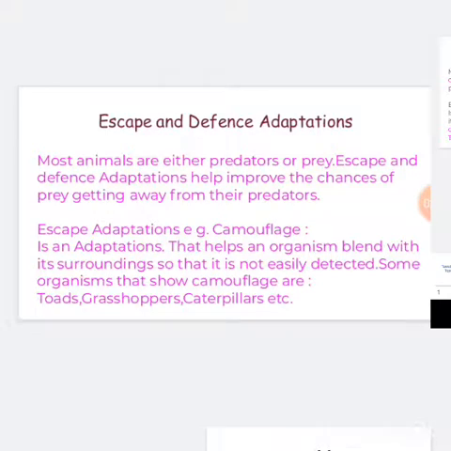So an example of escape adaptations is camouflage. You must have heard the word camouflage. The one we shortened and we call camo in Nigeria. Camo being the uniform soldiers wear.